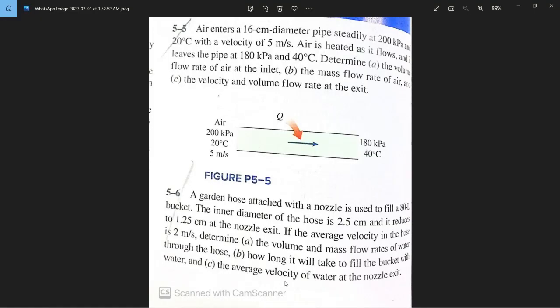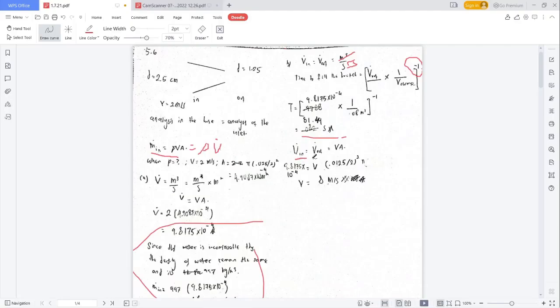Last but not least, the average velocity of the water. We're going to use this equation: V in times A in, the volume flow rate at the inlet, equals the volume flow rate at the outlet, since the case here is incompressible, so the volume is conserved.